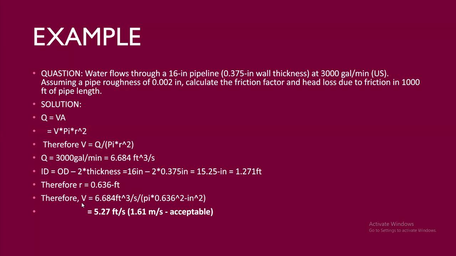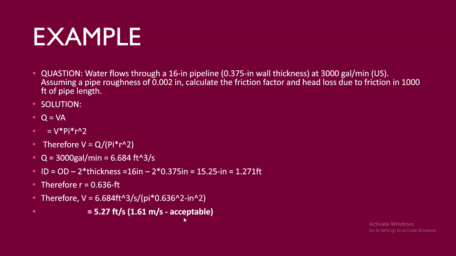We proceed to calculate our velocity, which means we divide our volumetric flow rate in feet by pi r squared. We get 5.27 feet per second, which is the same as 1.61 meters per second, and that's acceptable.